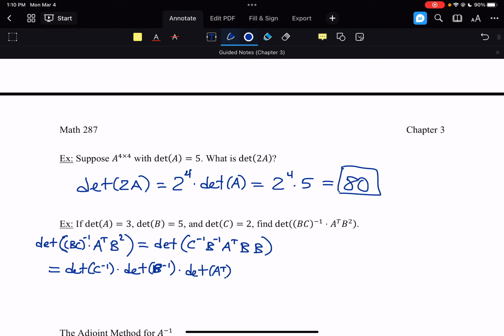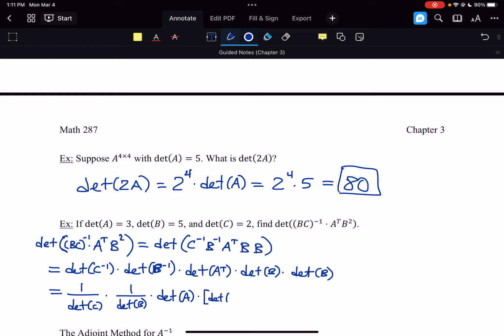Times determinant A transpose times determinant of B times determinant of B. The determinant of the inverse is just 1 over, so that's 1 over determinant of C. Same thing here, 1 over determinant of B. The determinant of the transpose is the same as the original, so that's just determinant of A. And then determinant of B times determinant of B, that's determinant of B squared. So the squared does carry through.